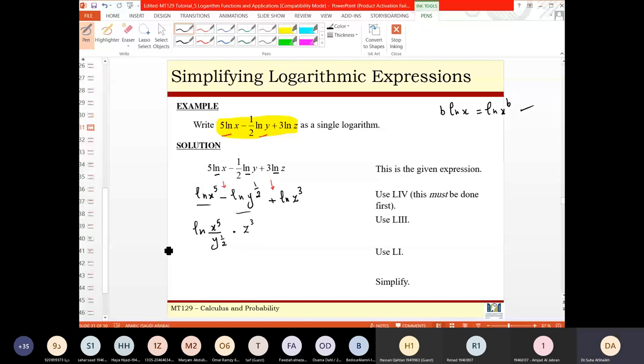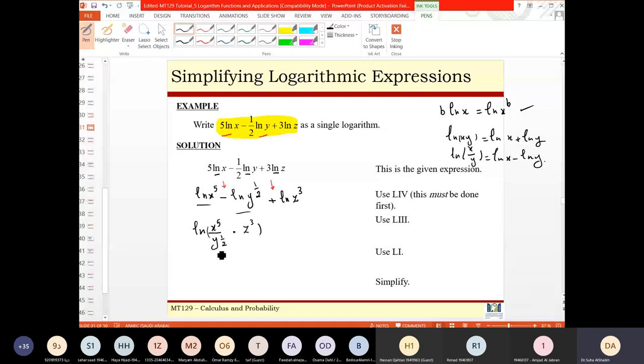I combined everything. I know the ln of the multiplication is the ln of the addition, and the ln of the division of x over y is ln x minus ln y. So when I have subtraction it comes from a division, and when I have addition it came from a multiplication. So I can combine everything like this.